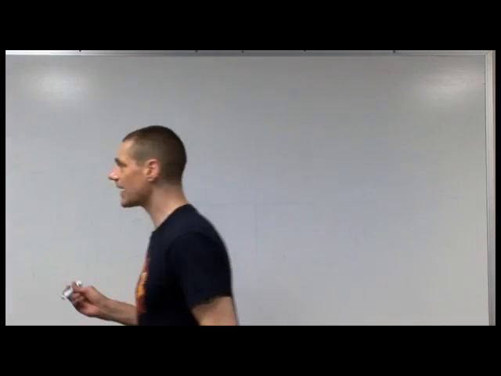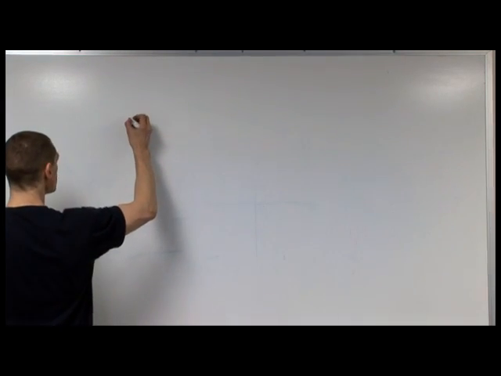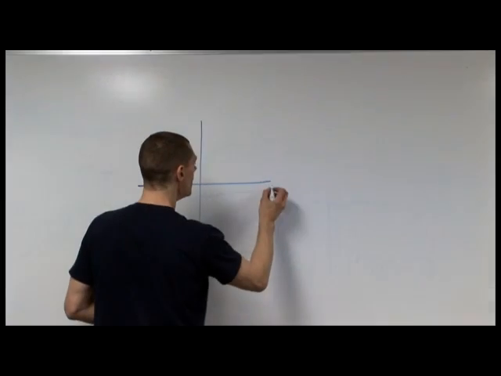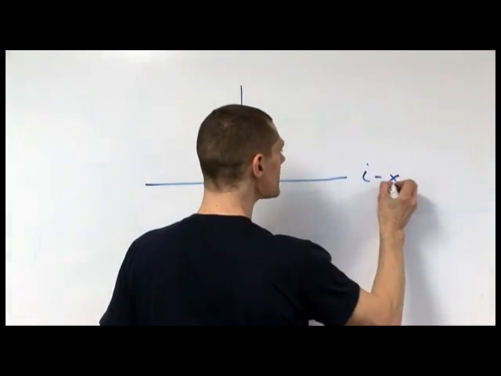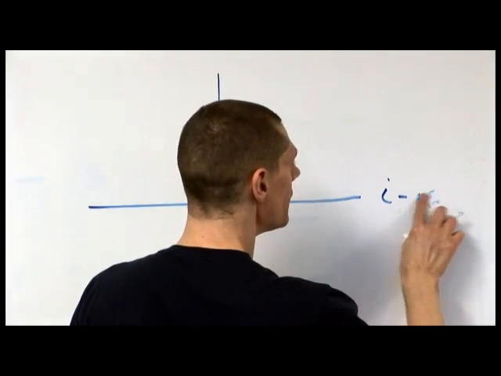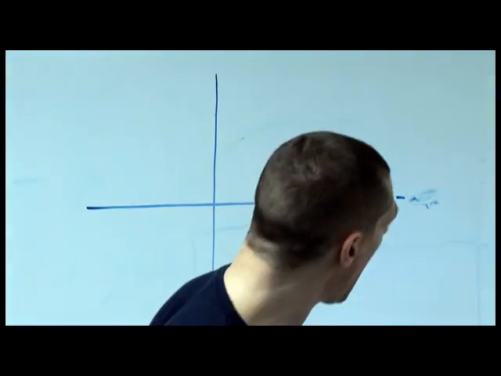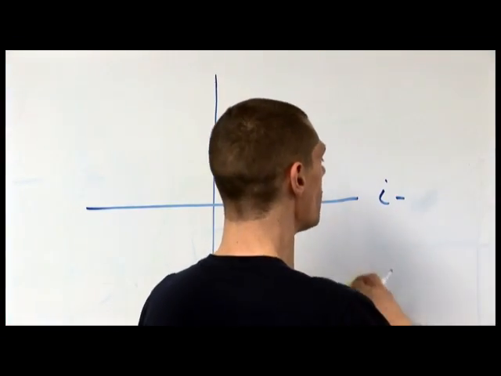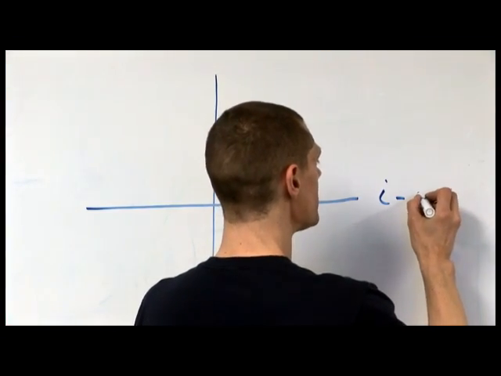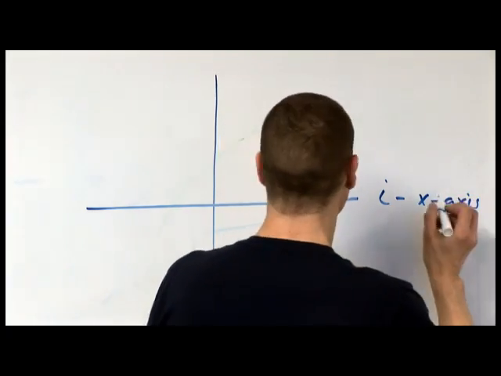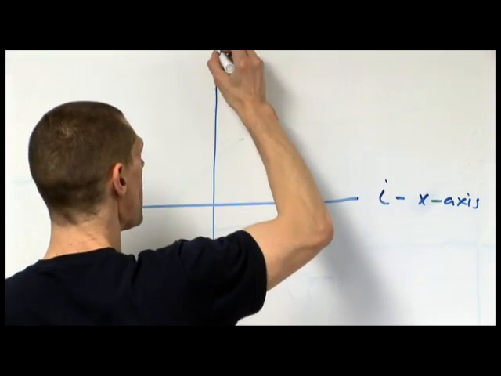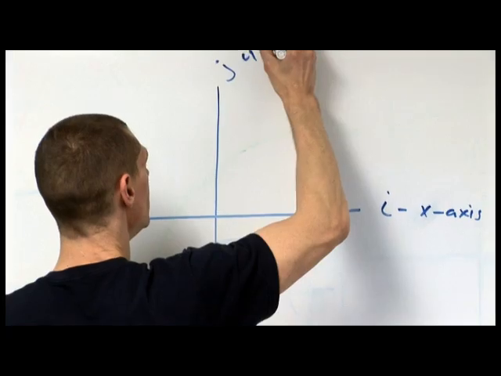So in 2 dimensions, the unit vectors for the x and y axis are usually given by this. This is called the i-axis, which is really the x-axis, but i is the unit vector, and I'll show you what I mean. This is the x-axis, and here is j, the y-axis.